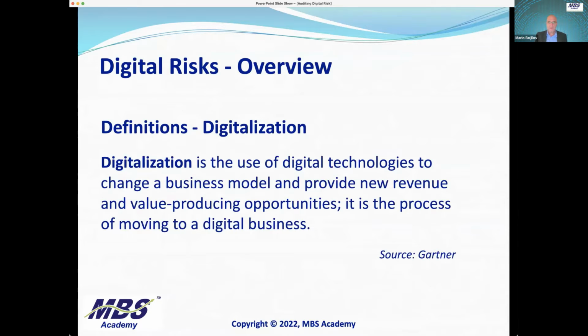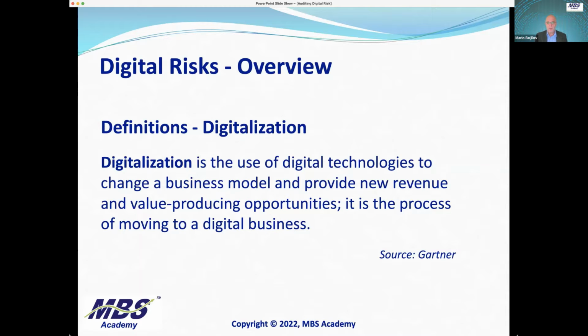And here, we're looking at having a business model and looking at new revenue opportunities. We're looking at improving our current processes and making the organization or our teams more effective and efficient. So essentially, this is a process of moving on to digital business.